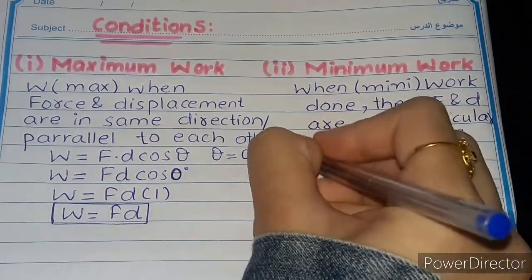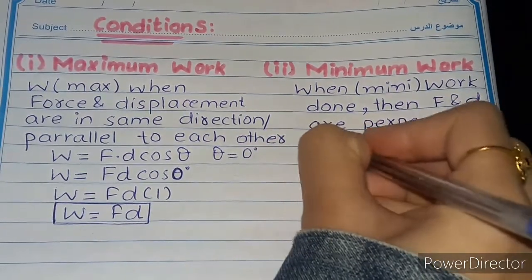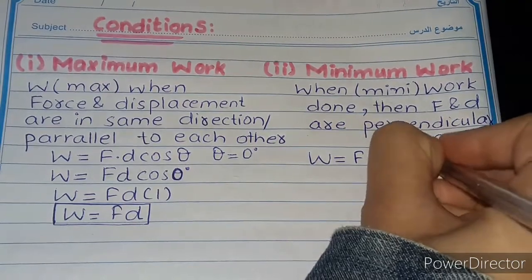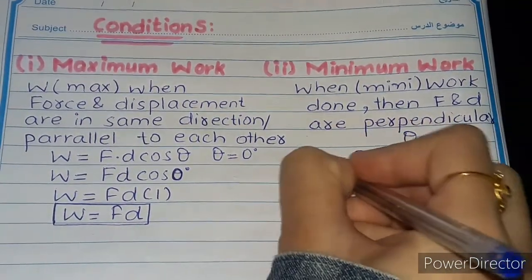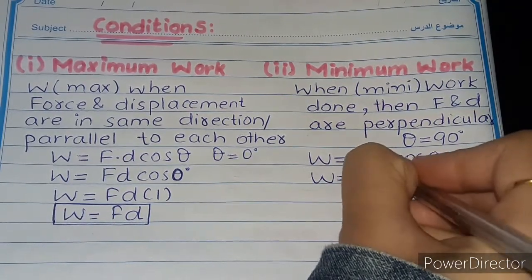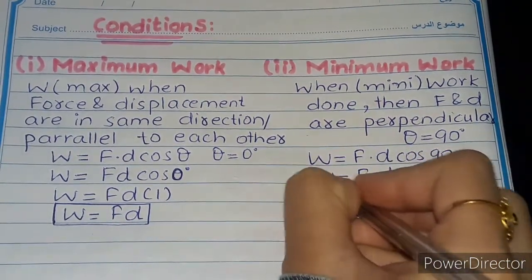So work done would be force into displacement cos theta, and cos 90 would be 0, so the whole would be 0.